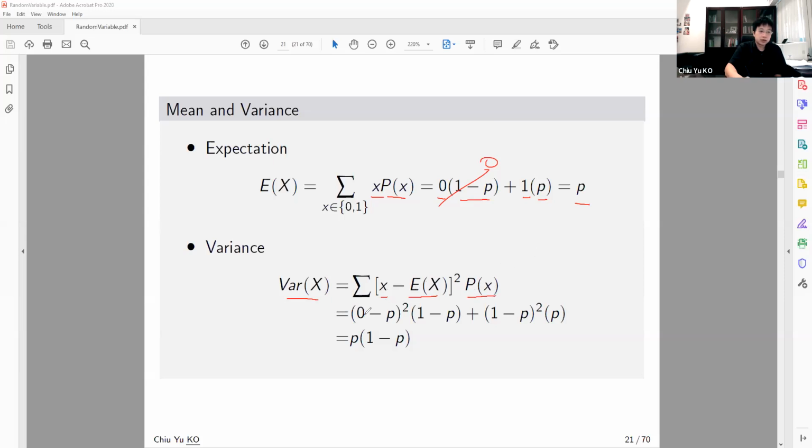The first is either 0 or 1, and the mean is P. Remember this P is the expected value of X, and this is the probability that X equals 0.